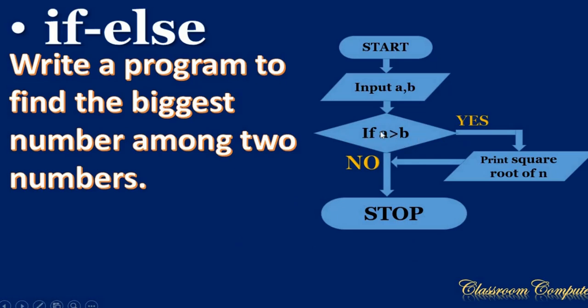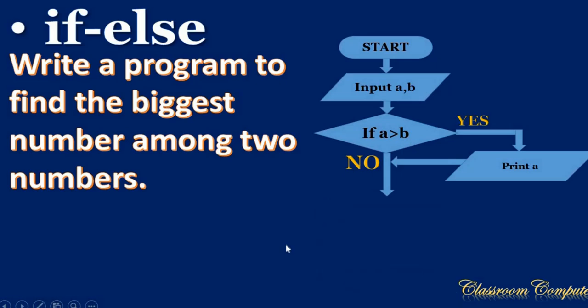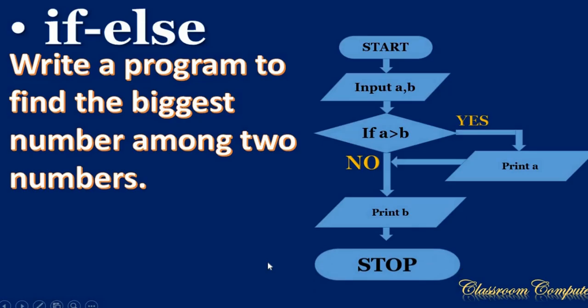If a greater than b is true, then a is the biggest among those two numbers, a and b. So control goes to yes and prints the value of a. But if a is not greater than b, then the no hand should print the value of b. So this is print b, and after that the program stops.